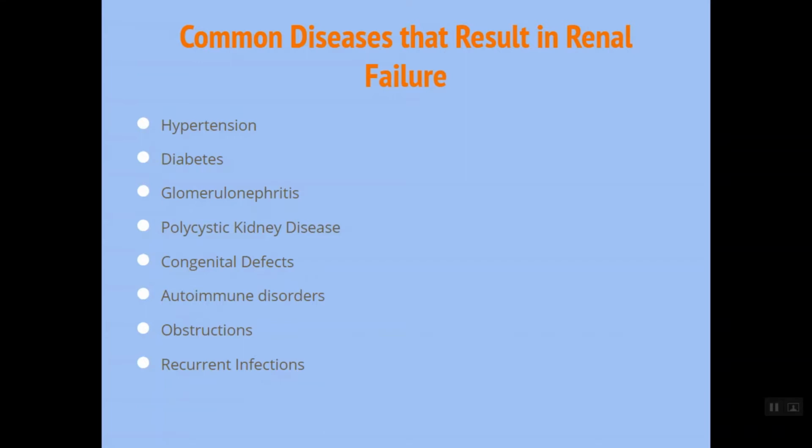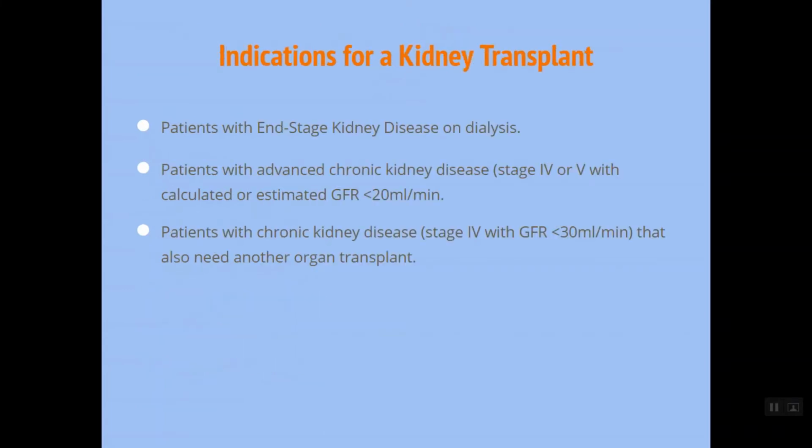I definitely recommend, if you've never seen polycystic kidneys, that you Google them. These kidneys can grow quite large. Other reasons why someone would develop renal failure are congenital defects, autoimmune disorders such as lupus, obstructions, and recurrent infections.